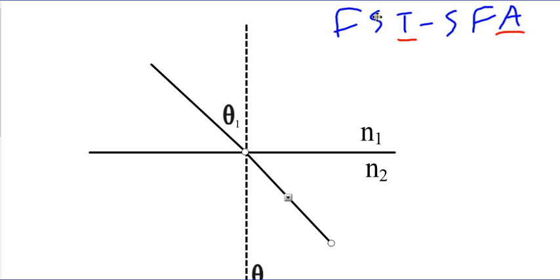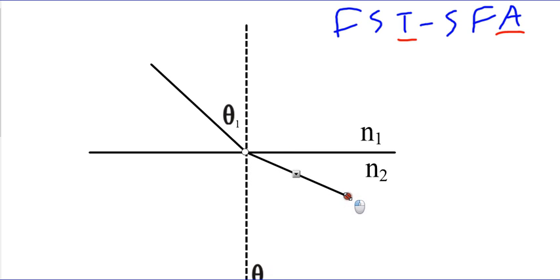So, for example, FST, fast to slow, which means a low to a high index medium, will bend towards the normal. It'll look something like this, and I've exaggerated it a little bit here. If you see light coming in like this and then bending towards the normal, we know that we are going from a fast to a slow medium, and it's going to be a low to a high index of refraction.